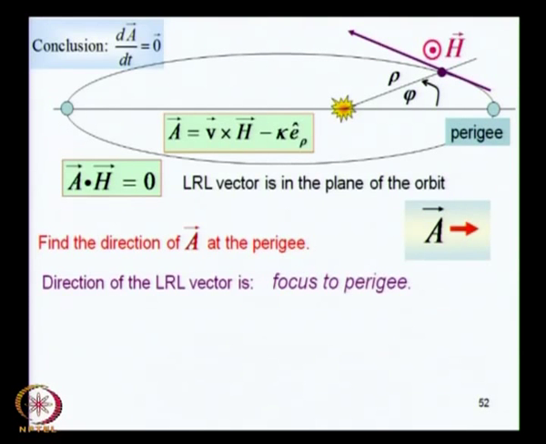and what is going to happen is that if this is the direction of the Laplace-Runge-Lenz vector at the perigee, it will have to be the same no matter where the planet is, because it is a constant. It is a constant of motion, it is a conserved quantity.